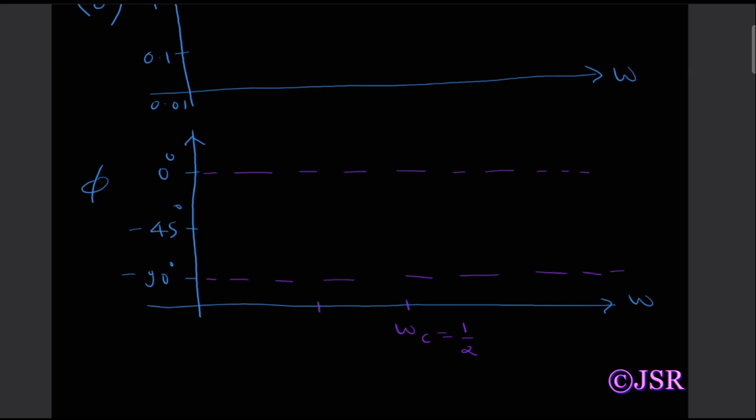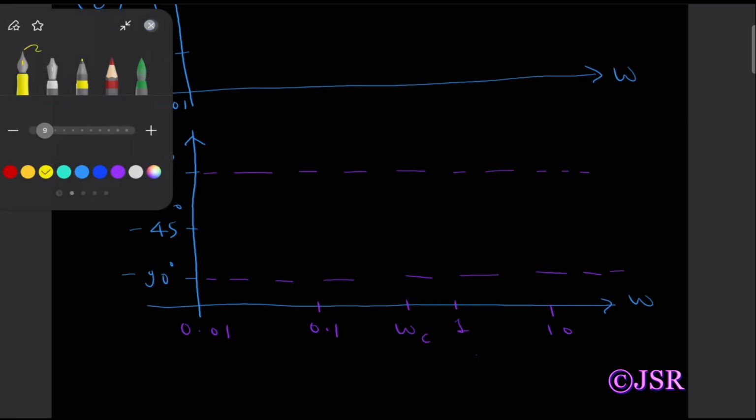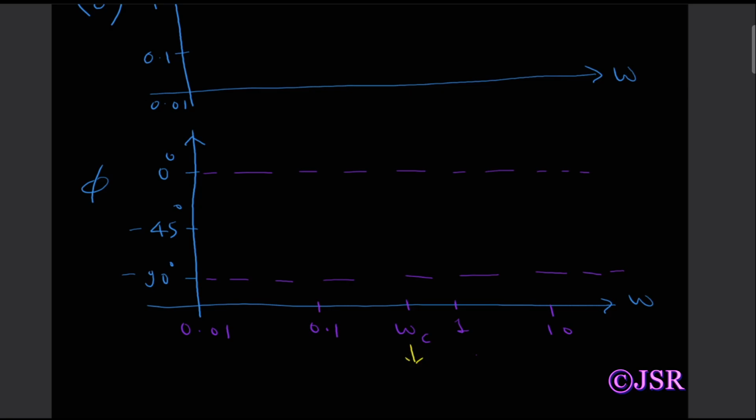Here we will have, let's say, 0.1, 1, and 10. So this omega c is 1/2, that is 0.5.